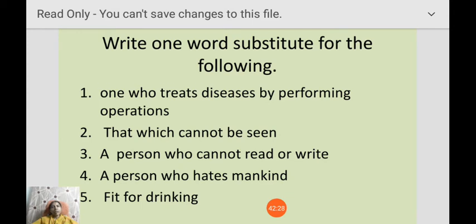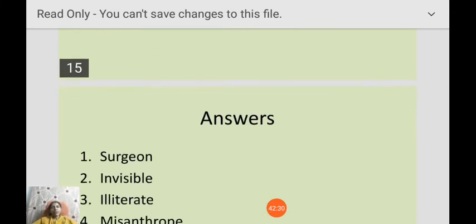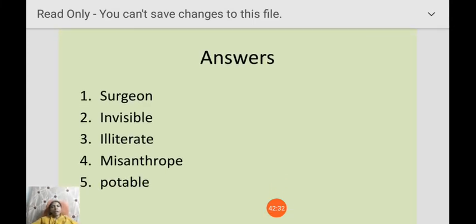Okay. Now let us look at the answers for those. What do you call a person who treats diseases by performing operations? He is doing an operation. So such person is called a surgeon. That which cannot be seen. Something that cannot be seen is invisible.